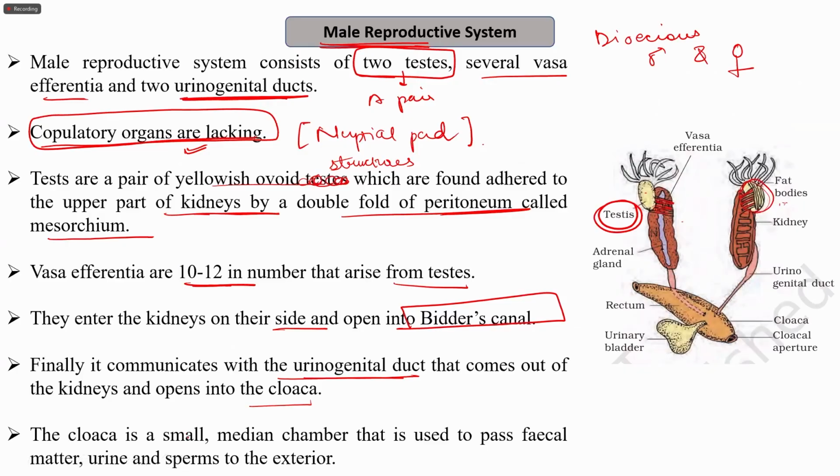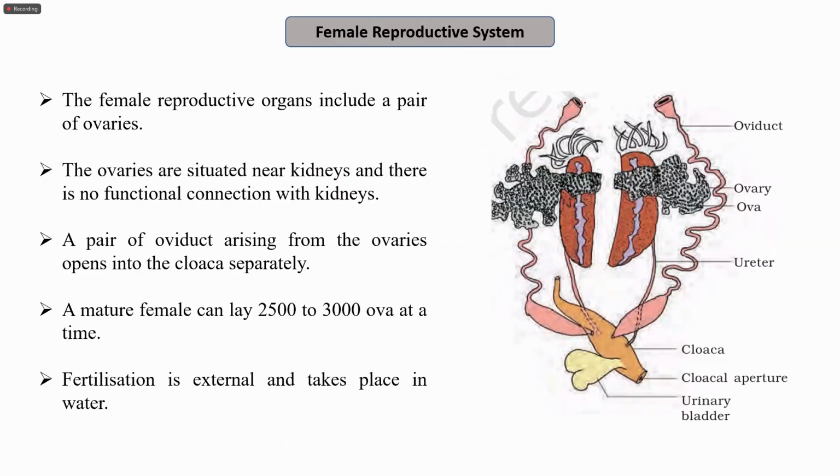The cloaca is a small median chamber that is used to pass fecal matter, urine, and sperms to the exterior. You can see in this figure that it enters into the rectum, which finally opens to the cloaca. The secretion of the testes enters into the urinogenital system, and through the urinary bladder, it comes out in the form of sperm through the cloaca.